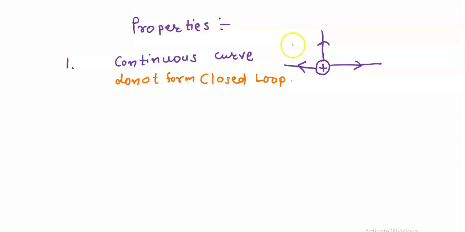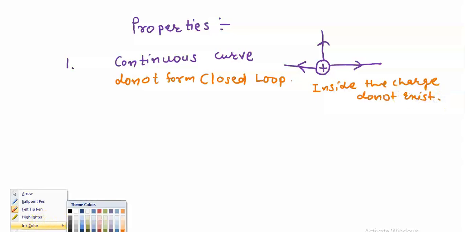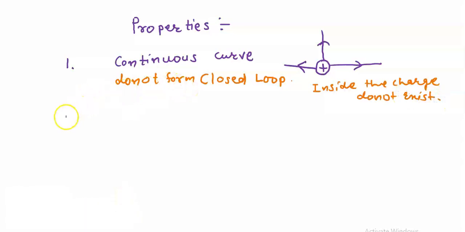They are continuous, meaning there is no break, but they do not form closed loops, and that's why inside the charge body they do not exist. So make this very clear. This is the first property: they are continuous but not closed loops.